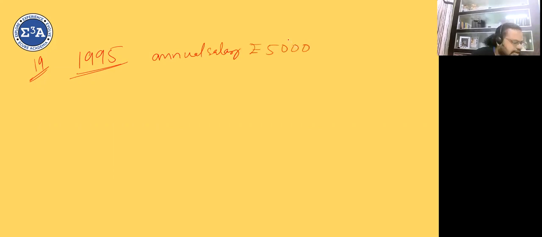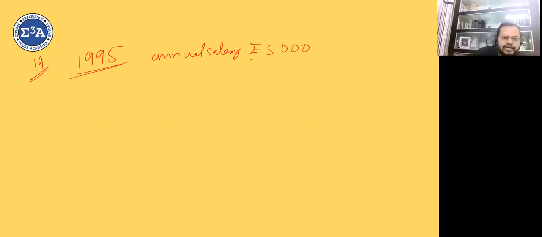Question 19. Subha Rao started work in 1995. His annual salary was rupees 5,000 and he received an annual increment of rupees 200.